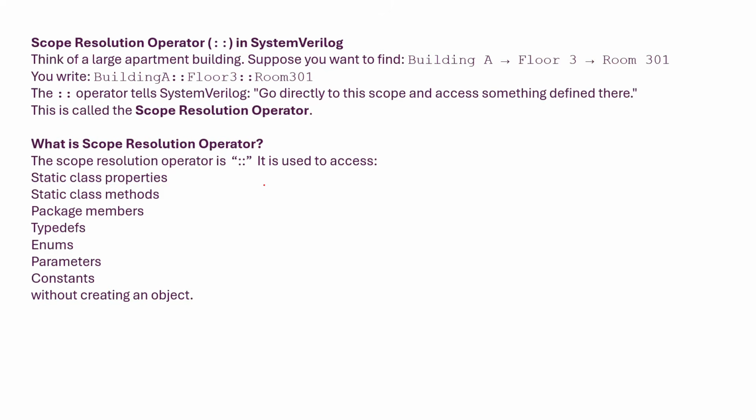So actually, how are we designing the class? This is my class. Inside it, class transaction, you write some properties, int data or address. This is my basic class. How do you call the properties in your module? In module tb, transaction is my class, and the handle is transaction, which is a null object.